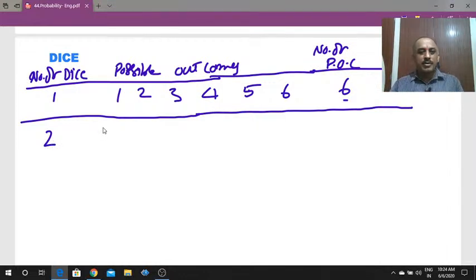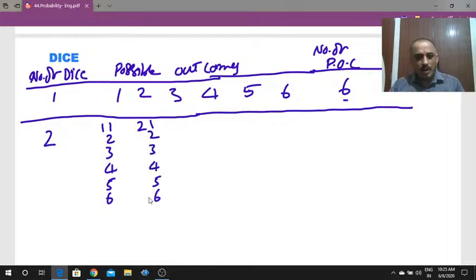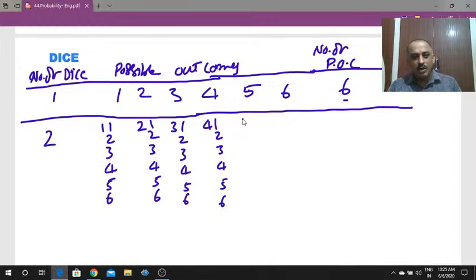The first die may be one dot and the second die may be one, or one-two, one-three, one-four, one-five, one-six. Or the first die is two dots and the second die may be two-one, two-two, two-three, two-four, two-five, two-six. Similarly three-one to three-six, four-one to four-six, five-one to five-six, and six-one to six-six.